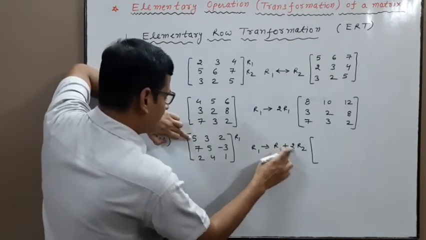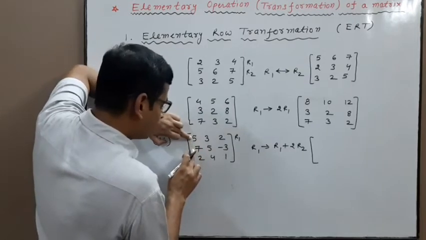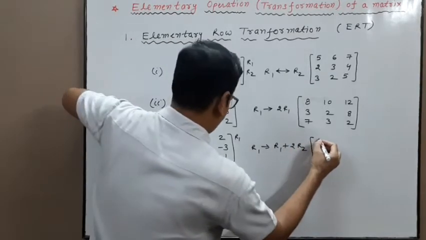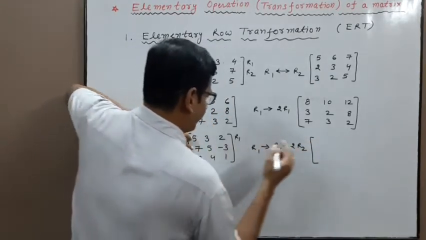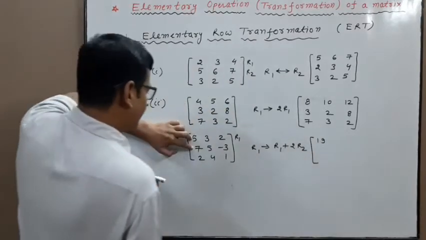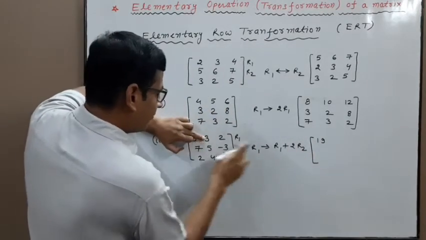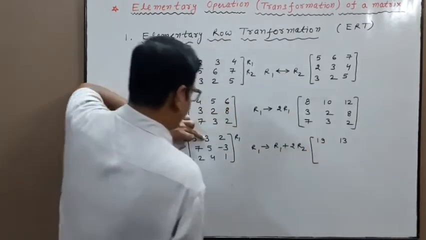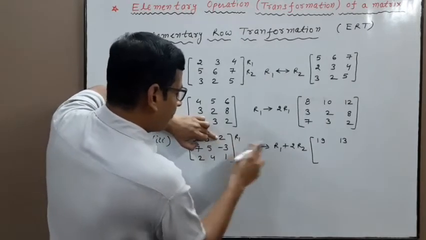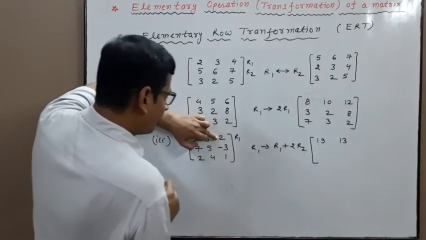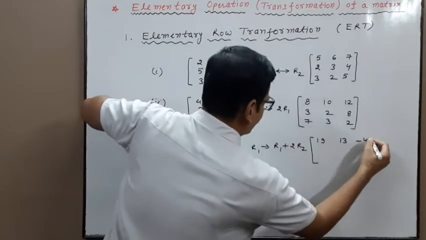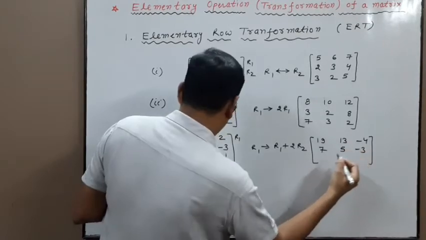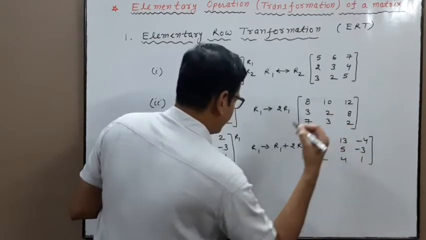So corresponding elements: 5 plus 2 into 7, 7 to the 14, so 19. Then 3 plus 2 into 5, 10 plus 3, 13. 2 plus minus 3 into 2, 2 plus minus 6, so minus 4. The rest is 7, 5, minus 3, 2, 4, 1.